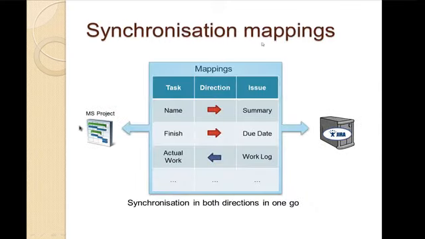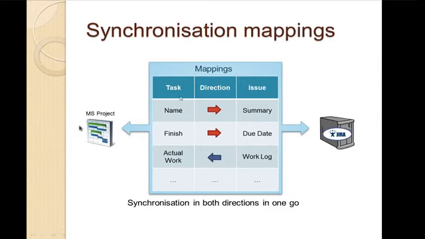The bridge introduces the concept of synchronization mappings because we need to know which field in Microsoft Project relates to which field in JIRA. So these mappings basically are a set of pairs of a task field and an issue field, and there is a direction in which the data should be copied.